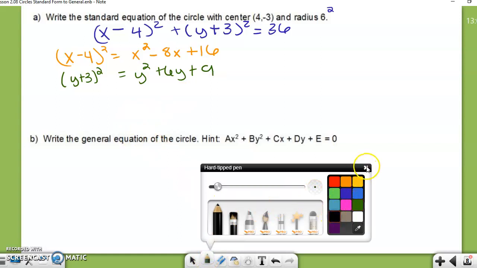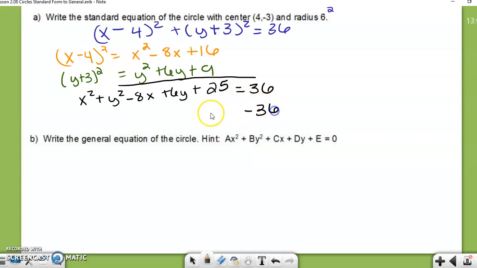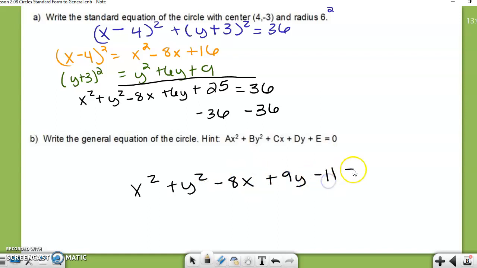And I'm going to be combining these things, and it's still going to equal 36. So I'm going to have my x squared plus my y squared minus my 8x plus my 6y plus 25 equals 36. Now all I have to do is subtract my 36 from both sides to get my general form of x squared plus y squared minus 8x plus 6y minus 11 equals 0.